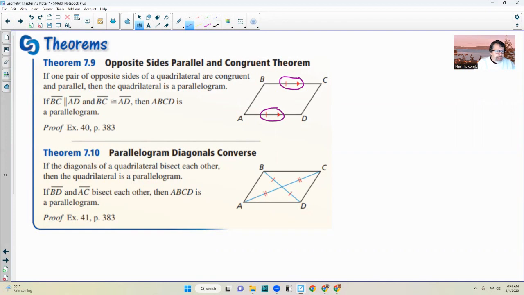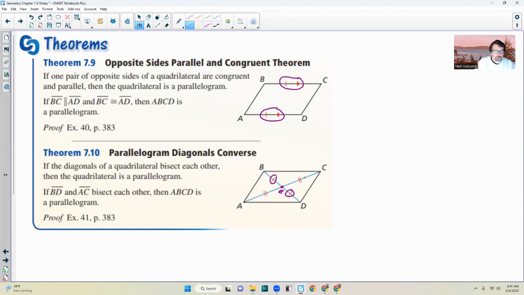So it says if the diagonals of a quadrilateral, so if we were given ABCD as a quadrilateral and did not know it was a parallelogram, and we drew a segment BD and a segment AC, the two diagonals, and if BD and AC bisect each other, in other words, if I put this E here, that means if BE is congruent to DE, it bisected BD, and AE and EC are congruent, which means AC was bisected, then ABCD is a parallelogram.